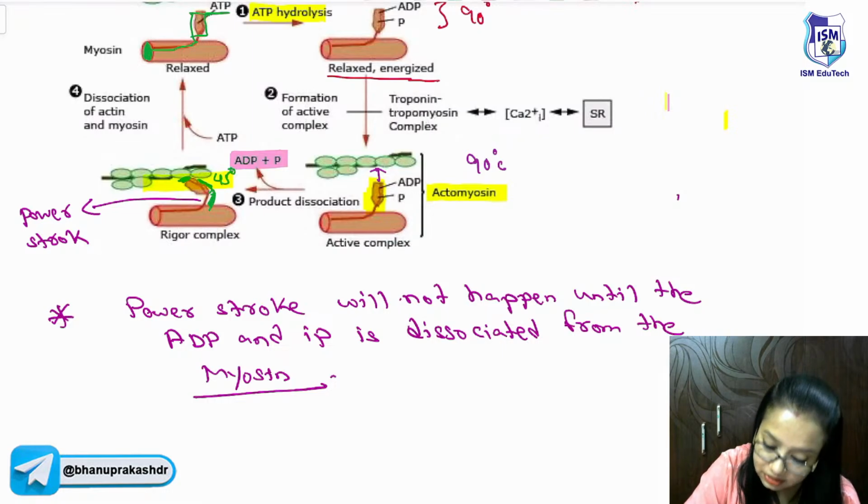So this configuration is called the sliding filament theory.